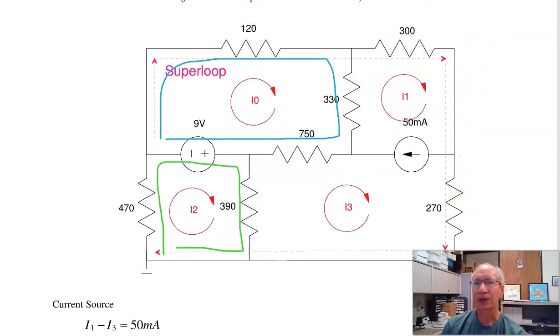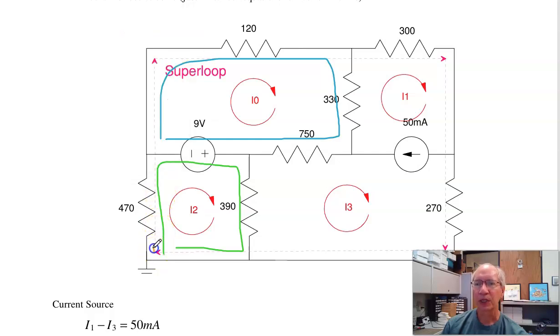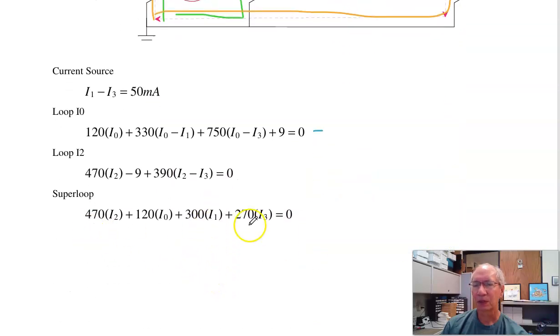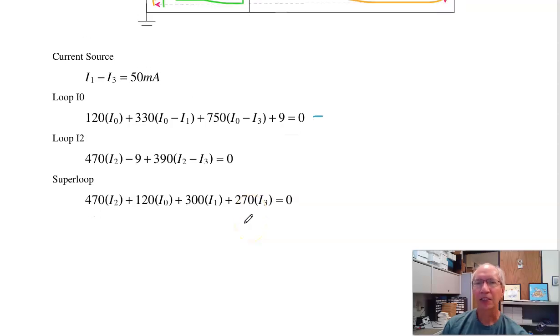They need to appear in my 3rd equation, or 4th equation. So make this my super loop. I'll do 470 I2 plus 120 I0 plus 300 I1 plus 270 I3 equals 0. Gives you 4 equations, 4 unknowns. And that is test number 1 for ECE 211 Circuits 1.